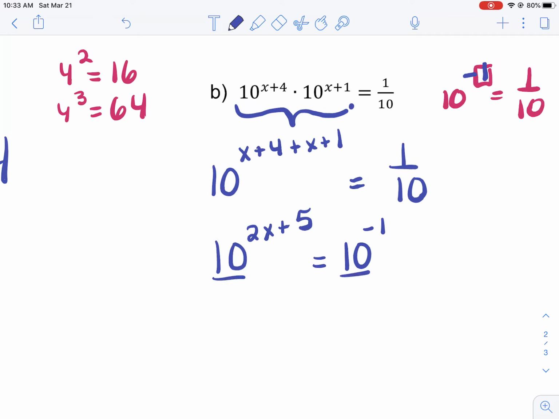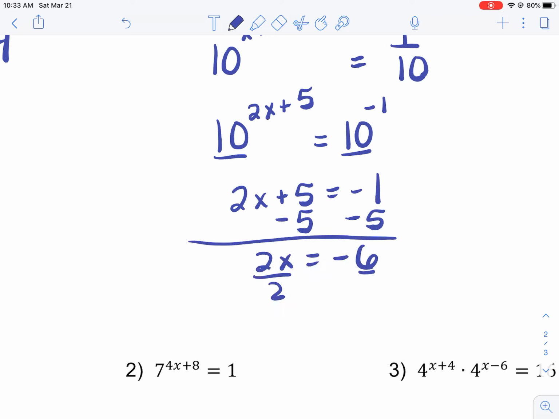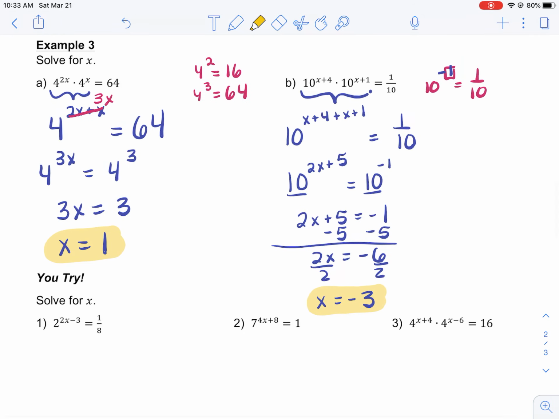Now we have the same base, so we're going to set 2x plus 5 equal to negative 1. Then we subtract 5 from both sides. 2x equals negative 6. Divide both sides by 2, and x equals -3. A little practice with those negative exponents.